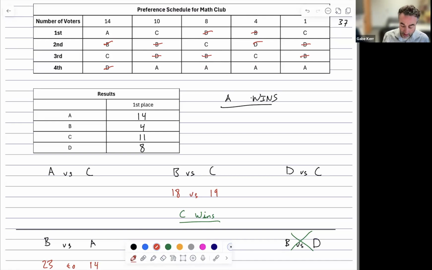All right, A versus C. A wins there, but A loses everywhere else. So A again gets 14 votes, and C gets the remaining 23 votes. So in this case, C is the winner of that head-to-head matchup.